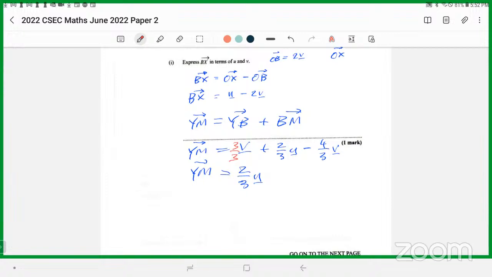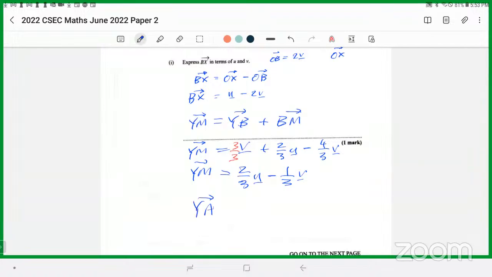They're really doing 3 minus 4. 3 minus 4 is -1, so it becomes -1/3 V. That is YM.